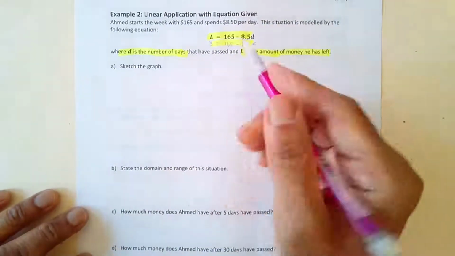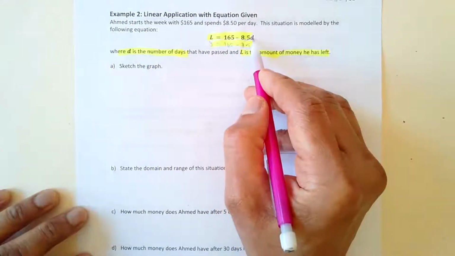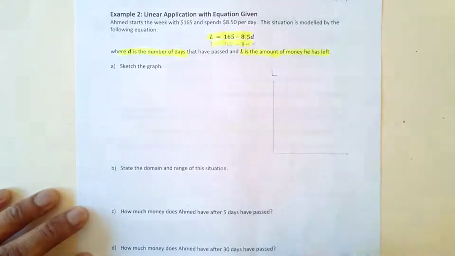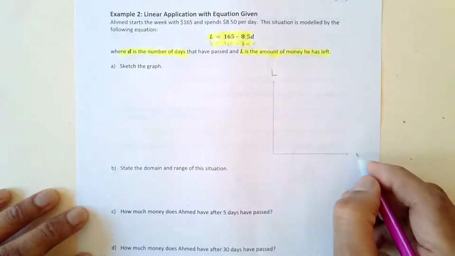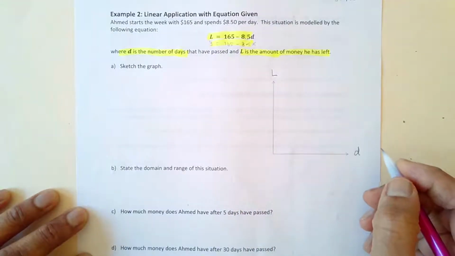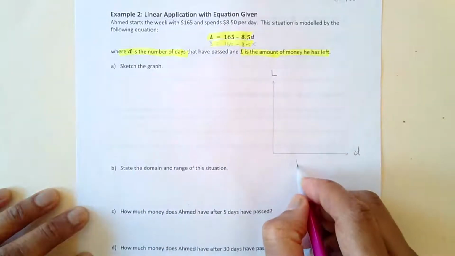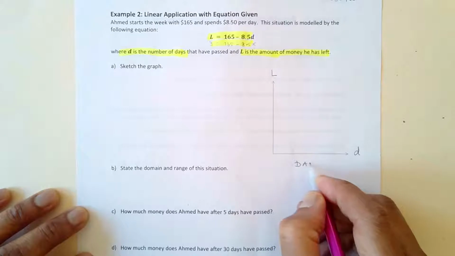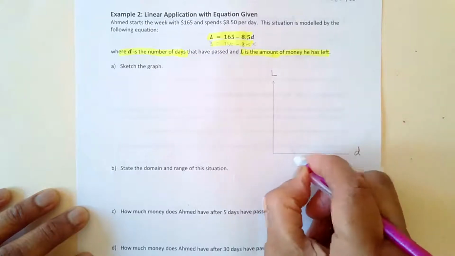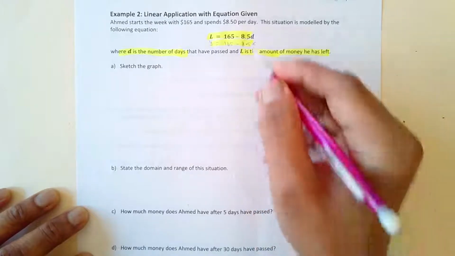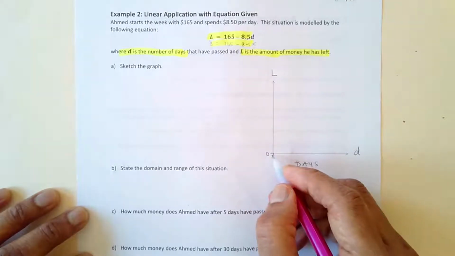So we can translate all of this. The L represents your Y, and the D is your X-axis. D represents the number of days. So we start from 0, since you can't have negative days, and you can't have negative money here.